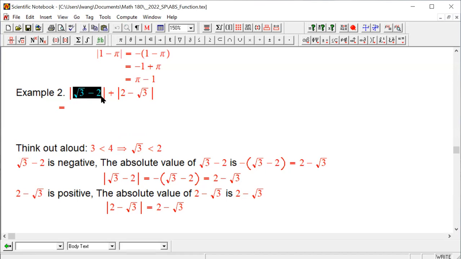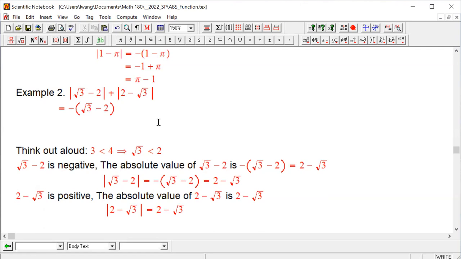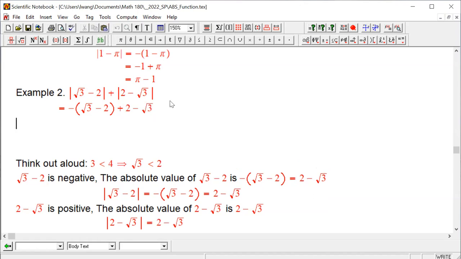You have lots of thoughts, but you don't necessarily put everything in front of your professor. You just give them the key elements, right? So here, I would just take the latter part, plus, and this is the absolute value of a positive number. So it's the same. So I'm gonna just put it the same, all right?